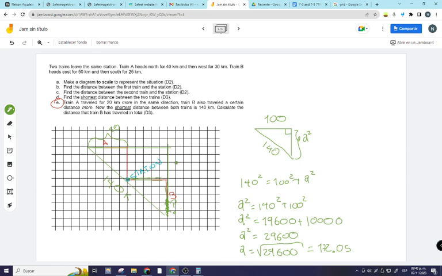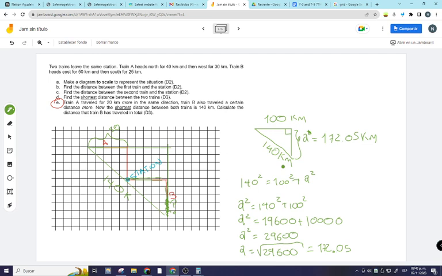Okay, so this is approximately 98 kilometers. Perfect.